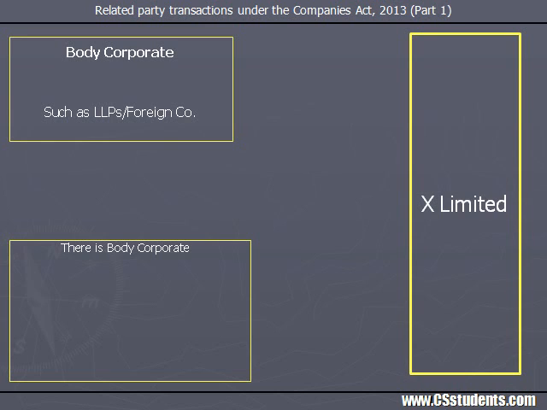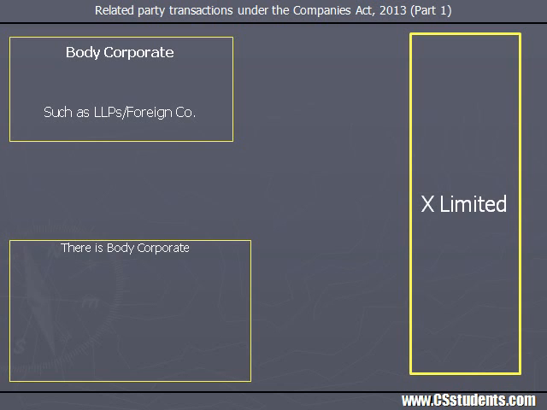If the board of directors, or managing committee, or the managing director or manager of such body corporate are accustomed to act in accordance with the advice, directions, or instructions of the director or manager of our company, then such body corporate becomes the related party of our company.